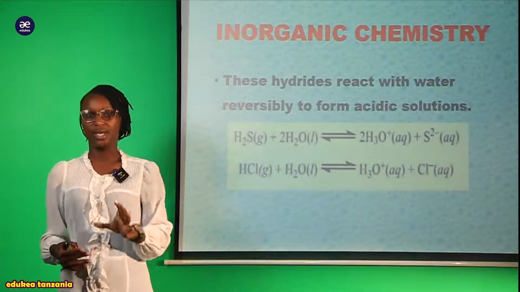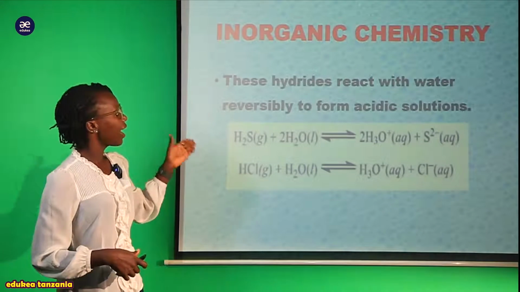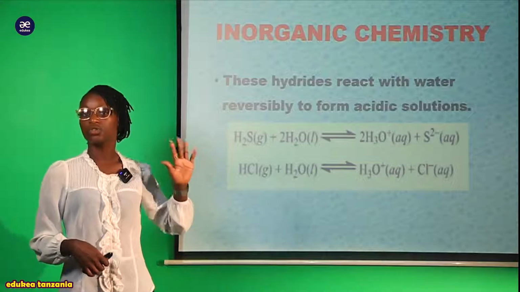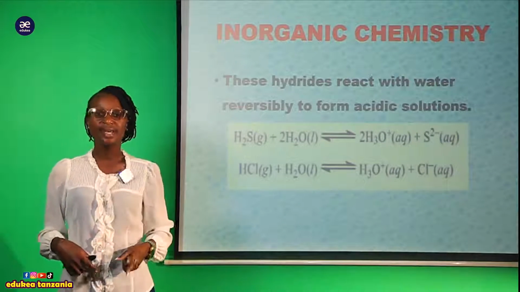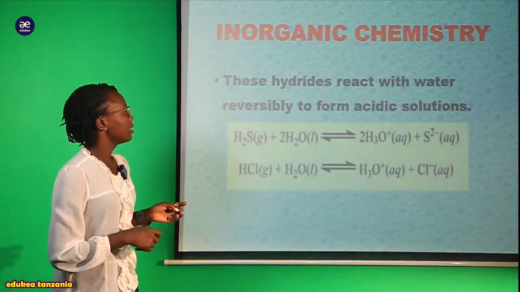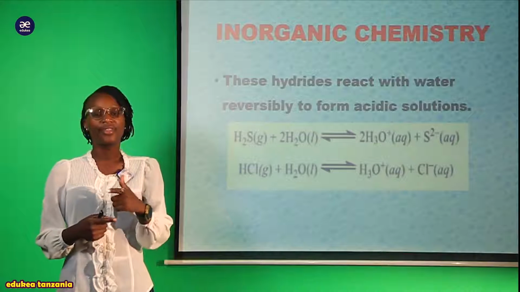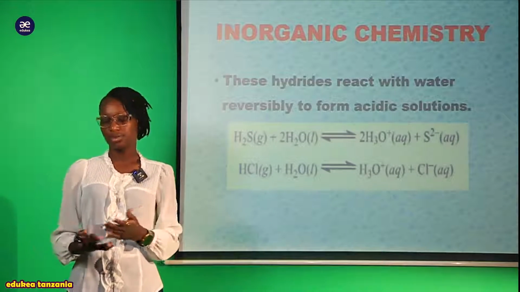So the hydride of the sulfur and chlorine undergo the reversible reaction and therefore they are going to form acidic solutions.